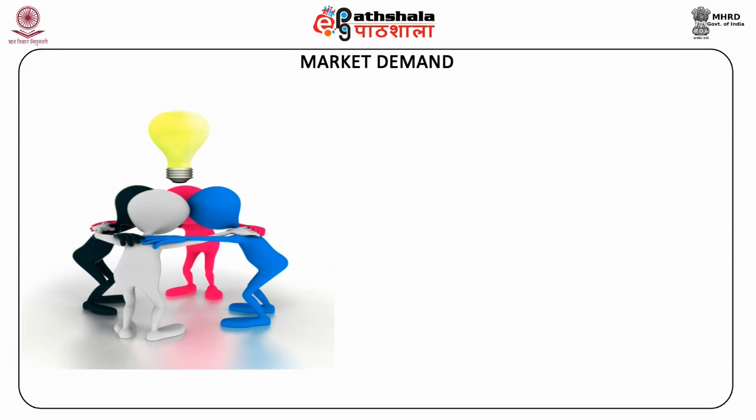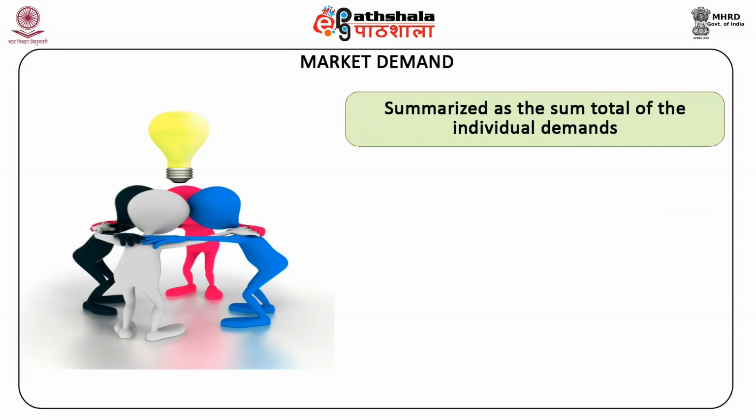The market demand for a project can be summarized as the sum total of the individual demands. As per economic theory, effective demand is always equal to prospective supply in a perfect competition market where the products are available homogeneously and the market information is accessible fully and freely to everyone in real time.